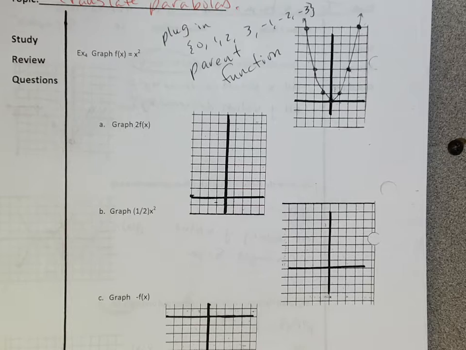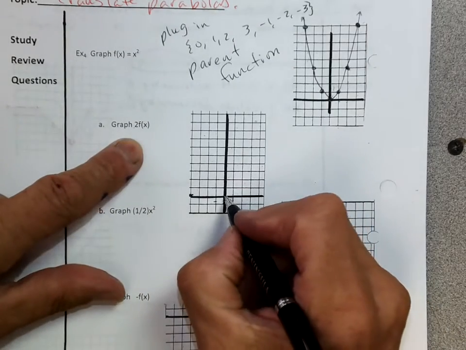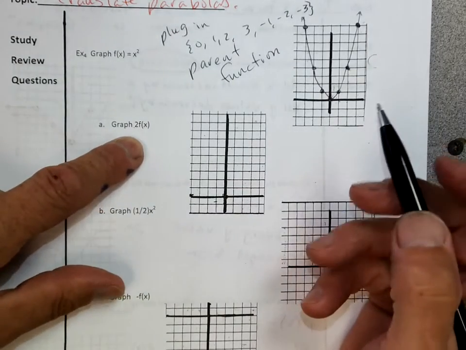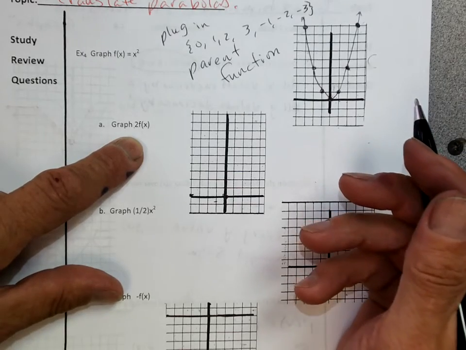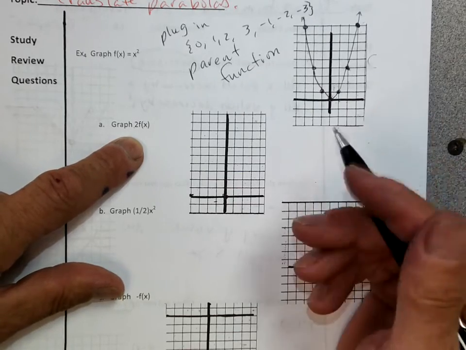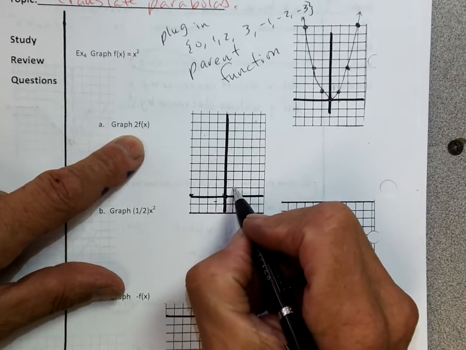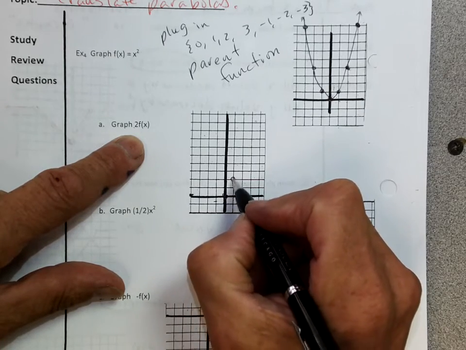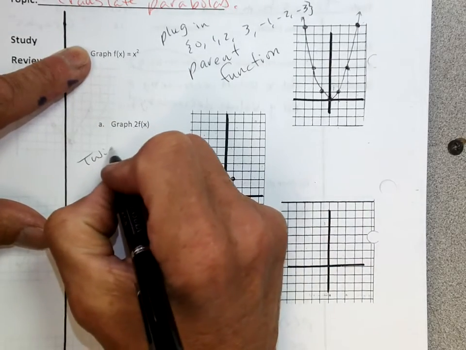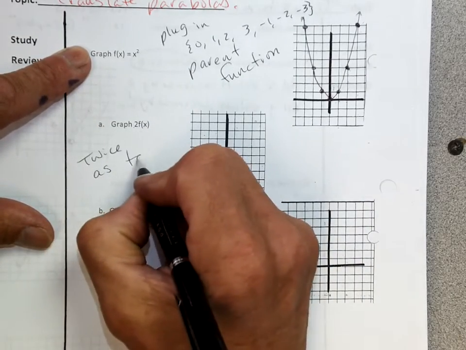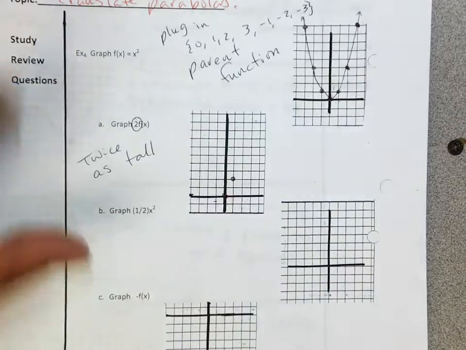All right. We do know 0, 0 for sure because 0 squared is 0 and twice as tall as 0 is 0 times 2. It's got to be 0, huh? But now 1, we know you normally go 1, 1, but the height of 1, we're going to double that, so we go up to 2. So it's twice as tall, okay? Twice as tall, right?